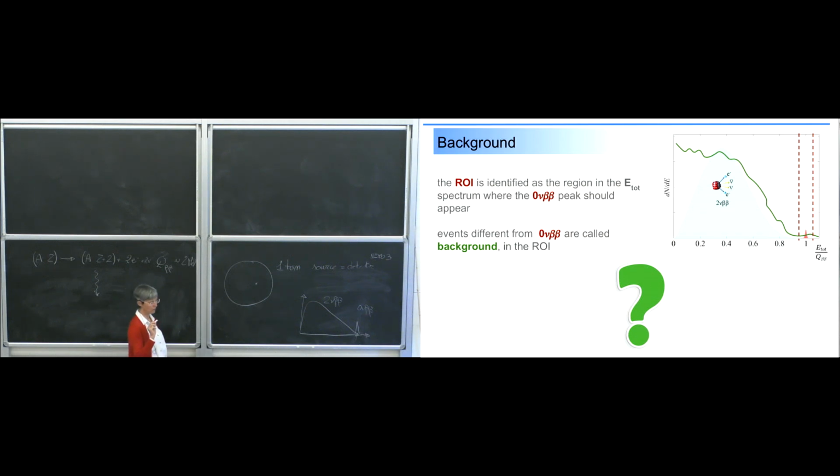Okay, what we call background in this field is any event that can mimic a neutrinoless double beta decay. So any event that in my final spectrum is here. And for sure, two neutrino double beta decays, when they happen with an energy that is high enough, are mixed with neutrinoless double beta decay.